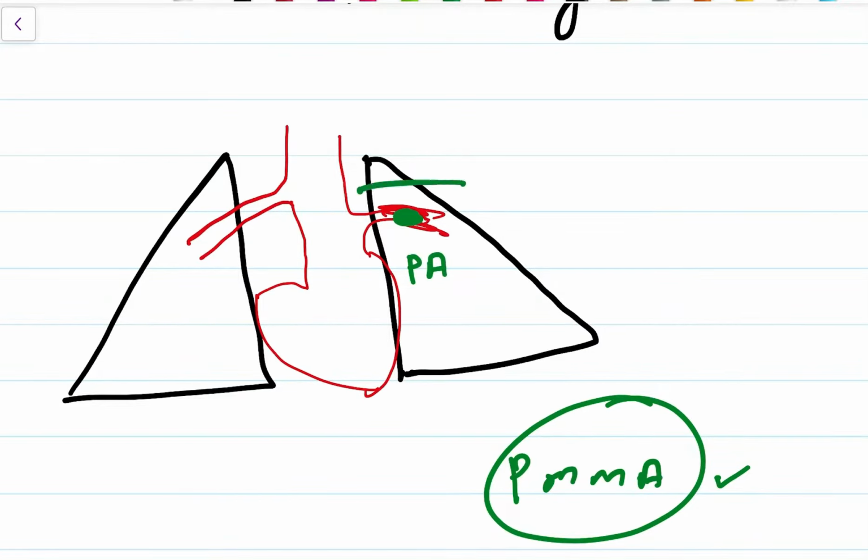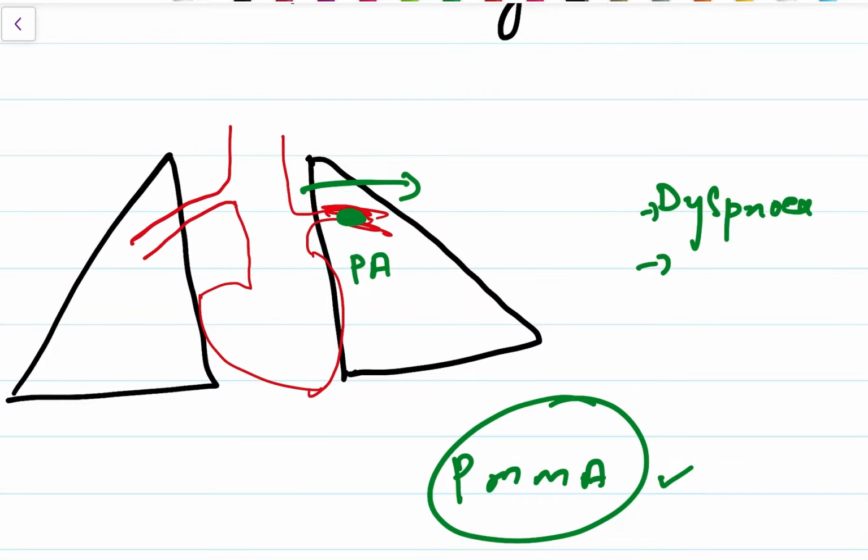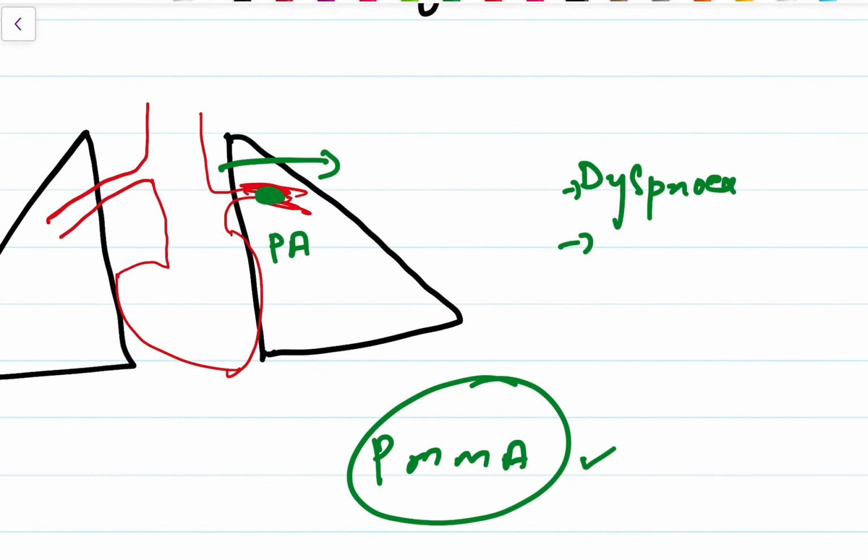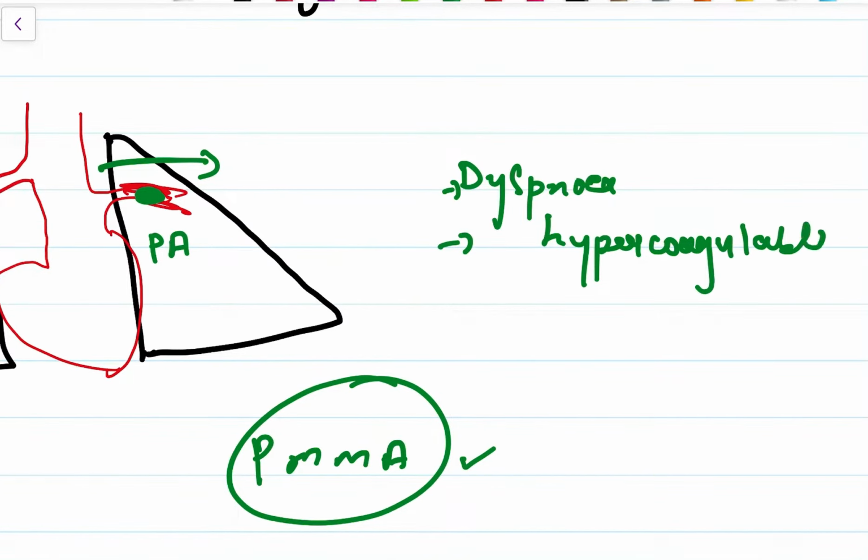So what will happen is now blood cannot flow forward, and this will lead to all the signs and symptoms in the patient. So the patient will come with dyspnea, and if you take the history of the patient, then the patient can give you information about hypercoagulable states.